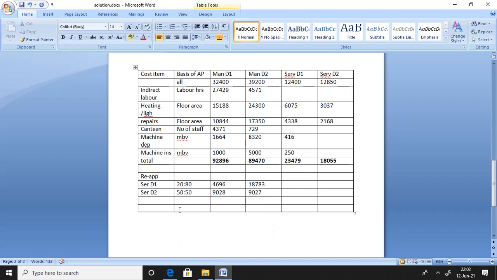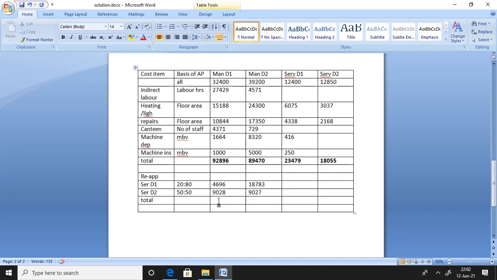And then we come to the totals. For the production departments, you add that sum there plus these two figures. What will be the total costs?